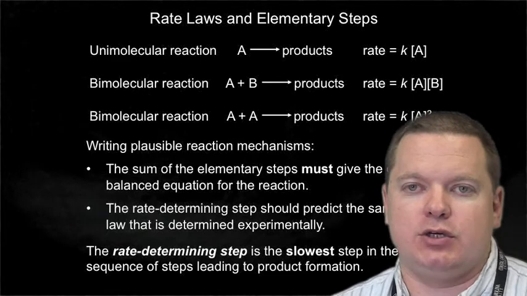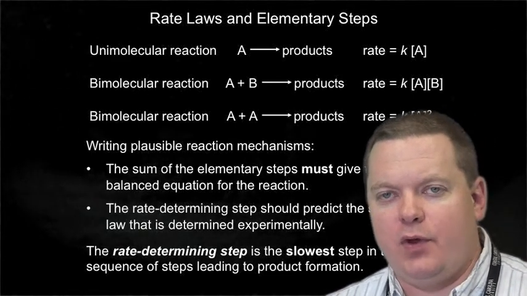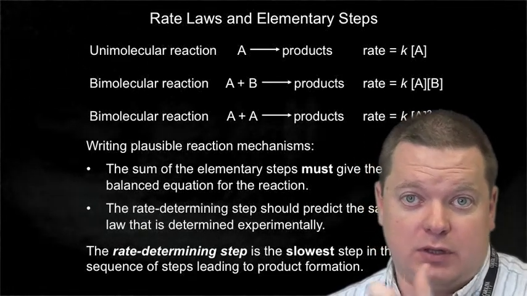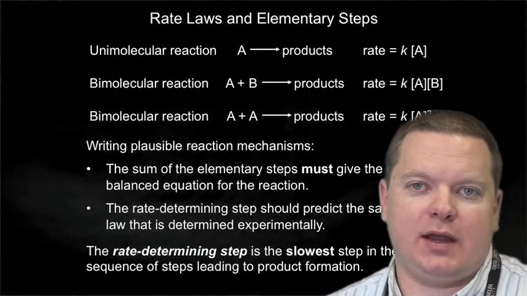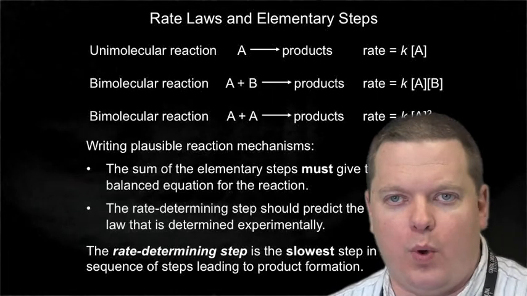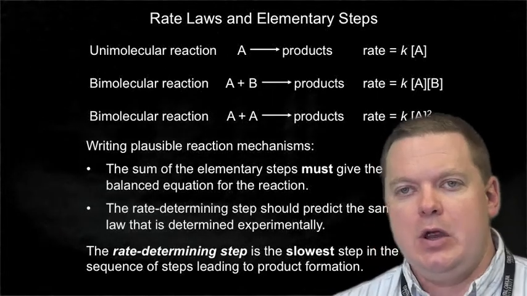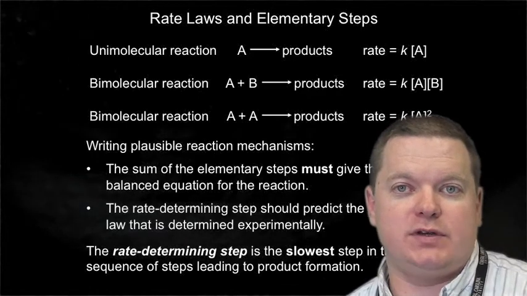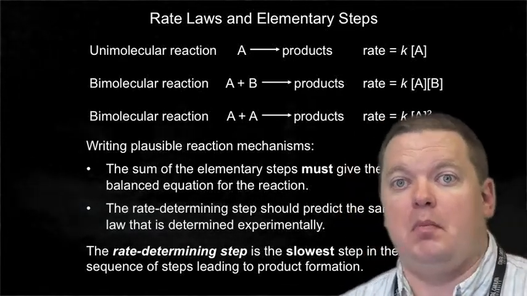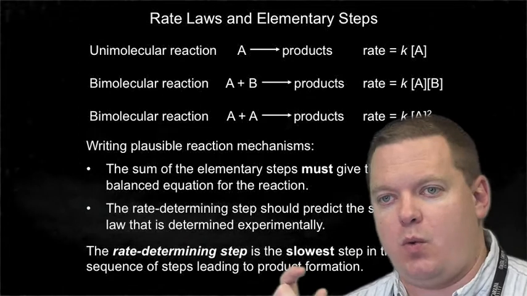So the rules for writing these mechanisms is that the sum of the elementary steps must equal the overall reaction. And the rate limiting step, the slow step, has to predict the overall rate law for that reaction. Right? So if the rate determining step is the very first step, then that one must be able to give us the overall rate law.